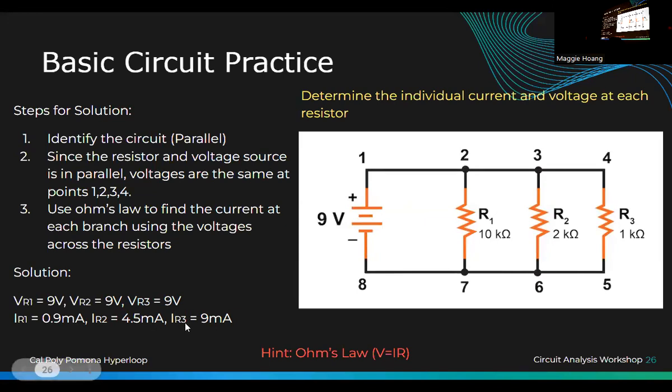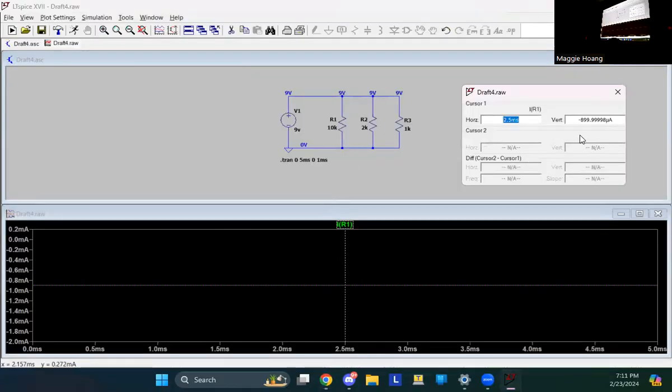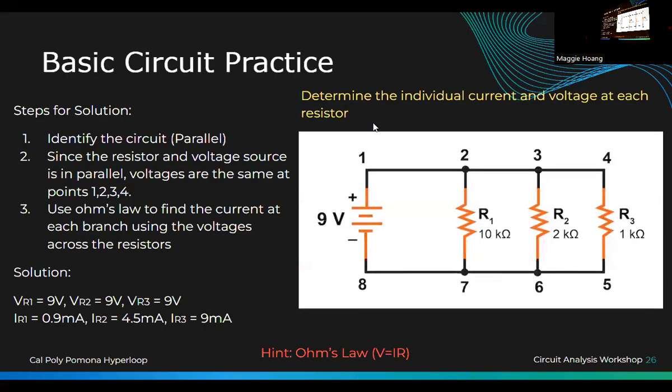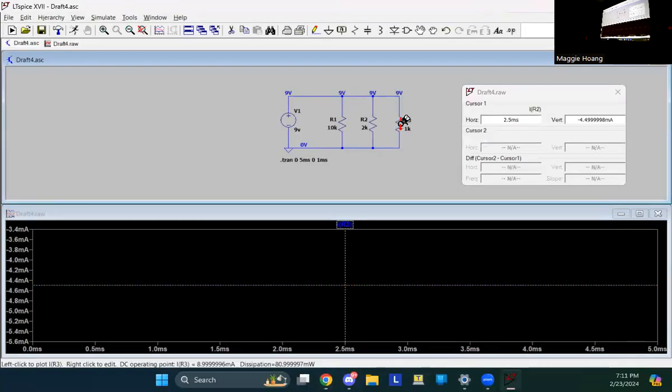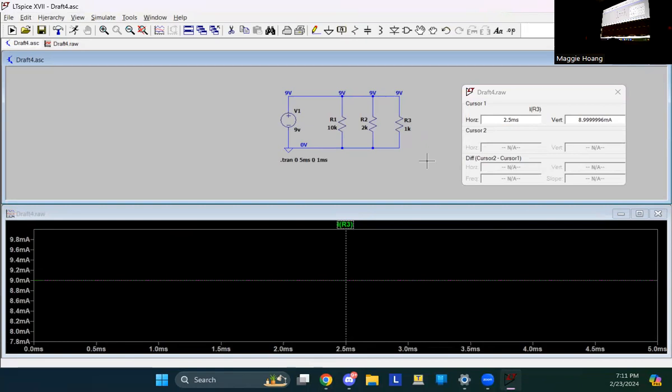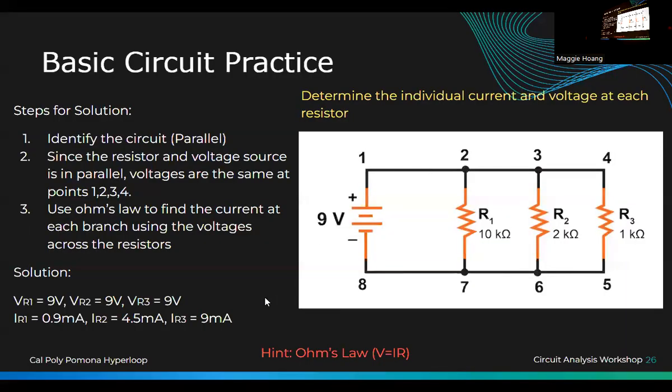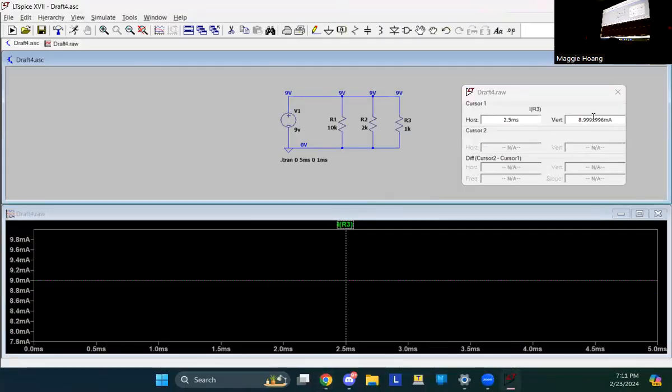0.9 milliamps, or, no, wait. Well, 0.9 milliamps, right? So we go here, that is 4.5 milliamps. And then over here, oh, there it goes. 7 milliamps. Wait, 7 or 9 milliamps. I'm dyslexic. Why would your first two values be negative? I don't know.